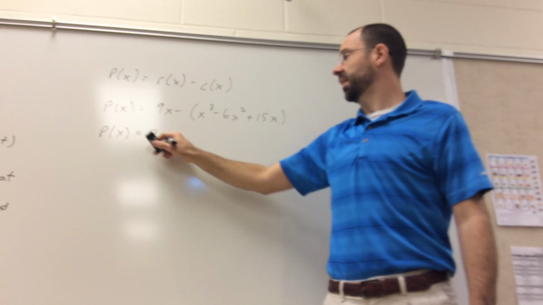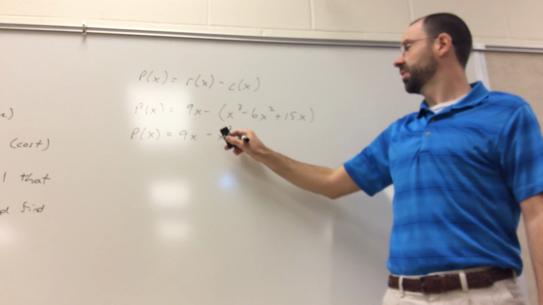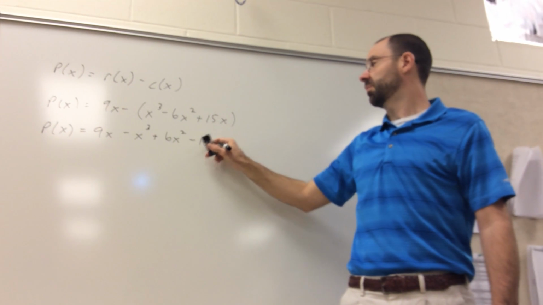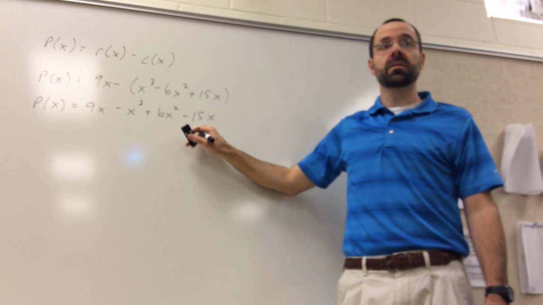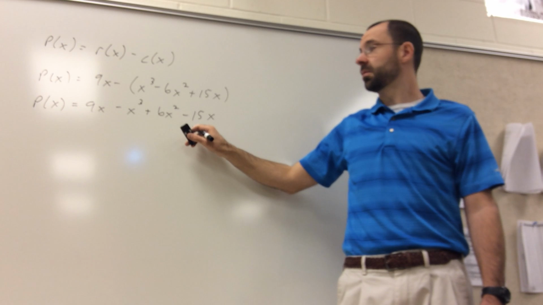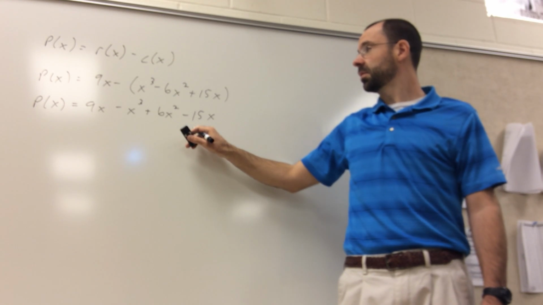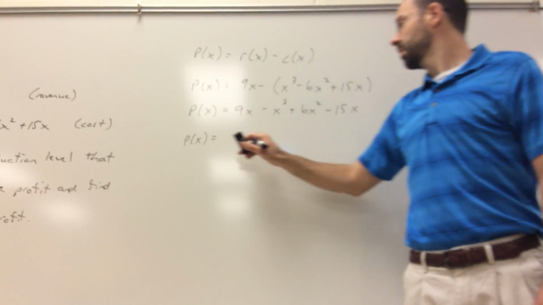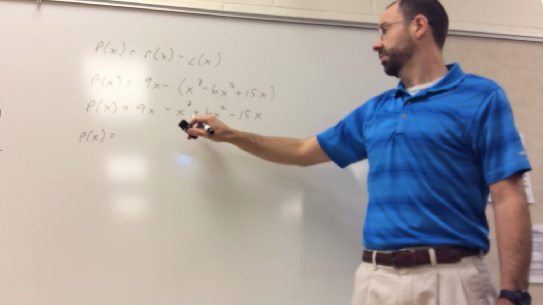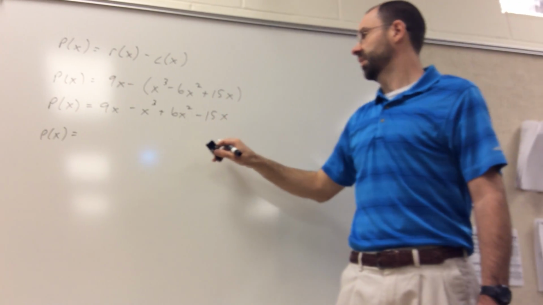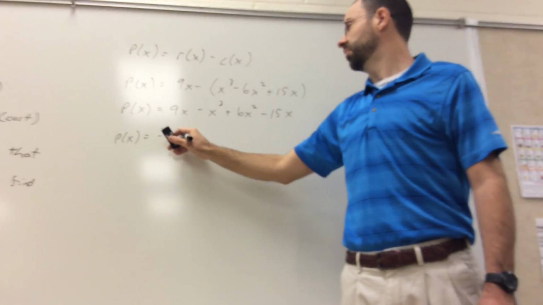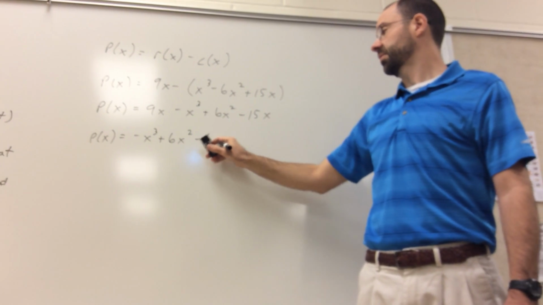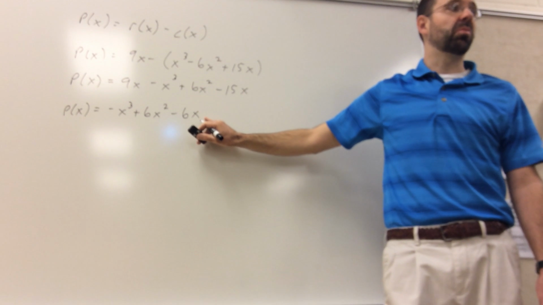So then if we distribute the negative, it'll be negative x cubed plus 6x squared minus 15x. And then you can collect like terms. Oh yeah, the 9 and the 15. So negative x cubed plus 6x squared minus 6x. There's my profit function.